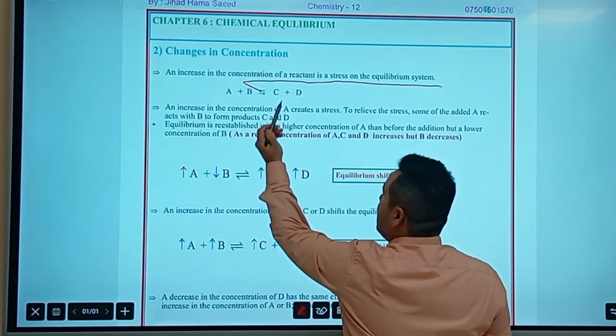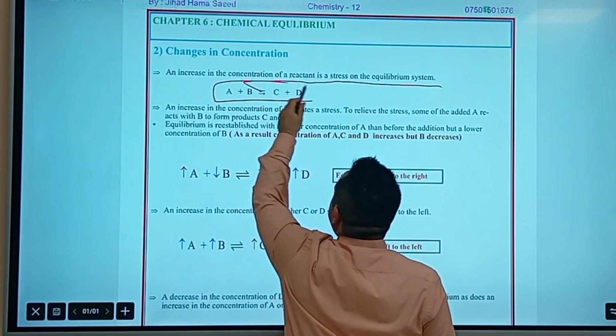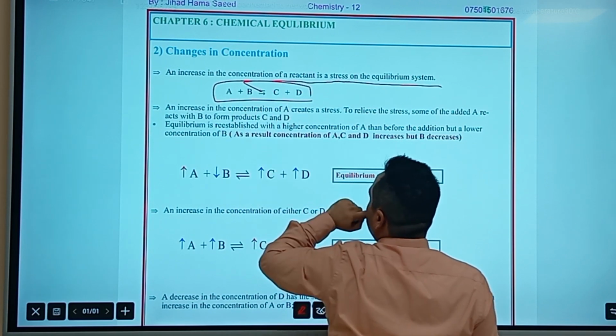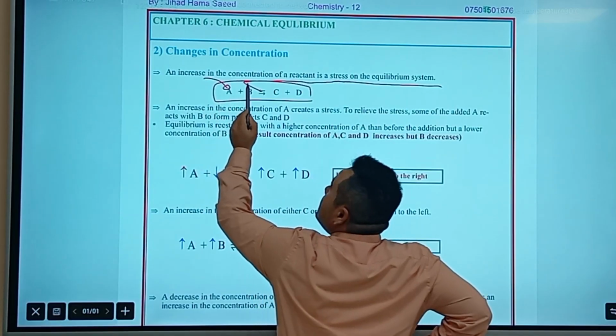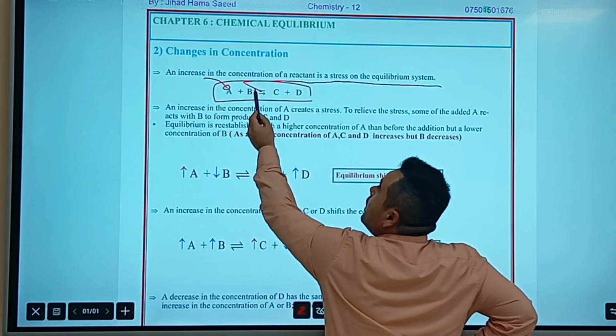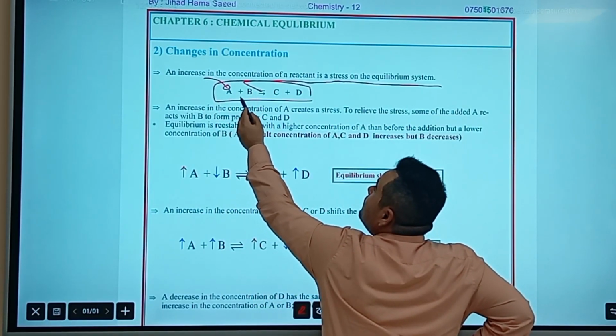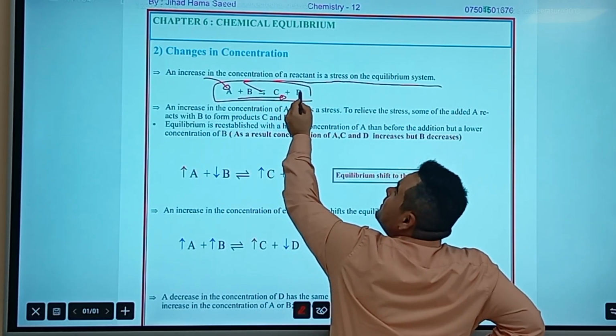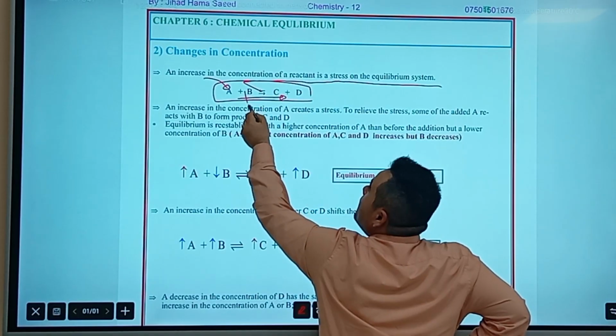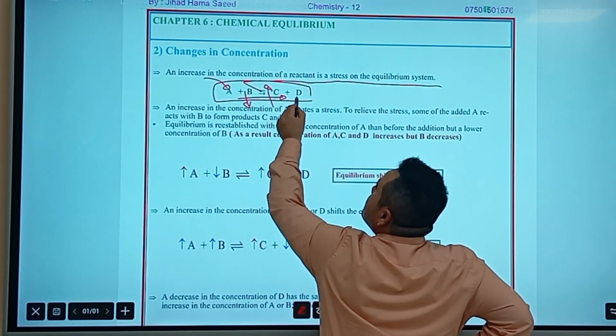Guys, suppose we have a reaction here, A and B going to C and D. Increasing A shifts the direction toward the product, so it increases C and D, but consumes B, so B decreases.